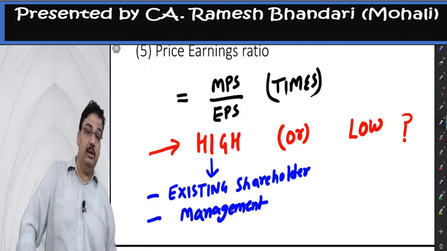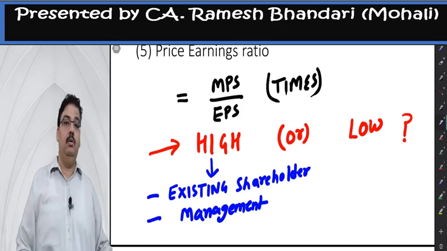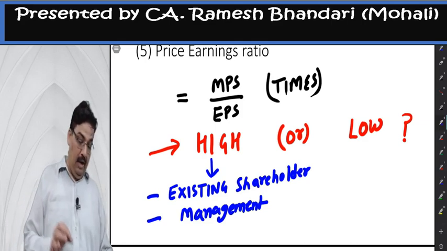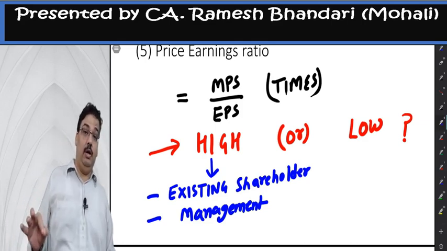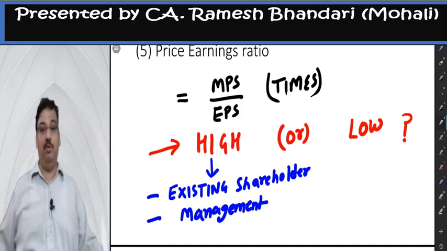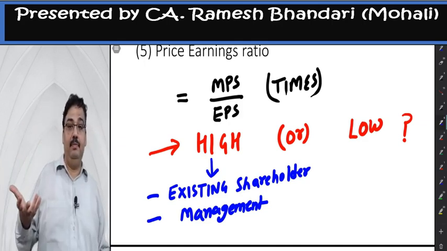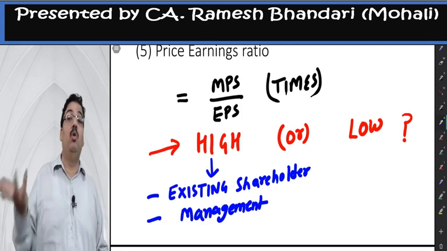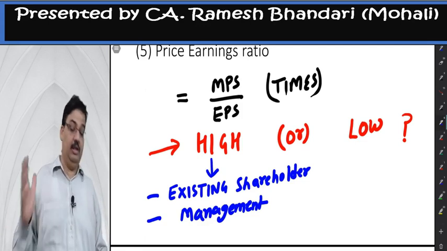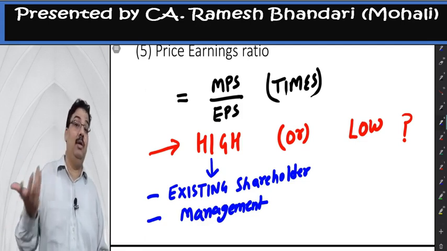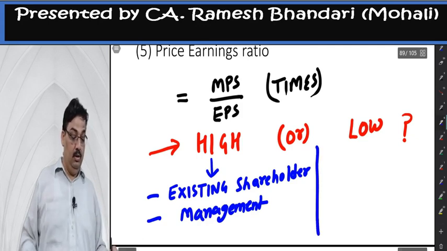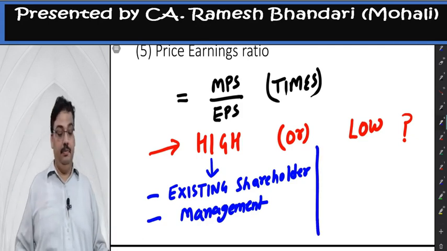My company earns 10 rupees per share and my price earning ratio is 40 times, my MPS becomes 400. MPS going high, I can sell my share, earn more. Existing shareholders and management will like it to happen, to show that big capitalization is there.